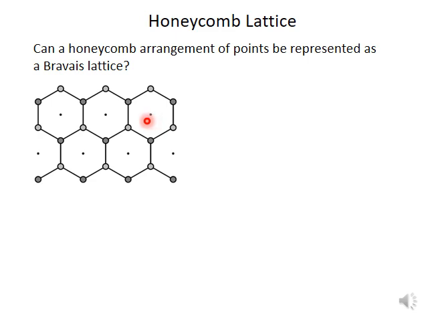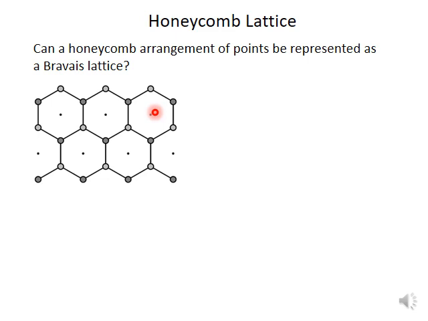So if I look at the small circle around this lattice point, I see a pattern, and if I match this pattern with the pattern around this lattice point, they are exactly the same and identical, and this is true for all the points which I have arbitrarily put inside this periodic structure, which means that these lattice points can be used to represent this periodic structure as a Bravais lattice by a suitable choice of a basis.